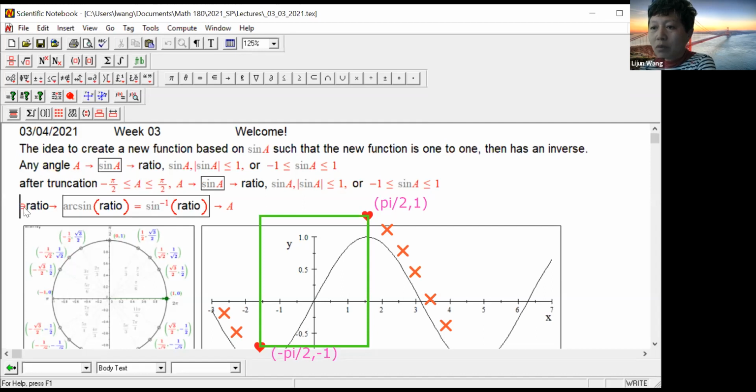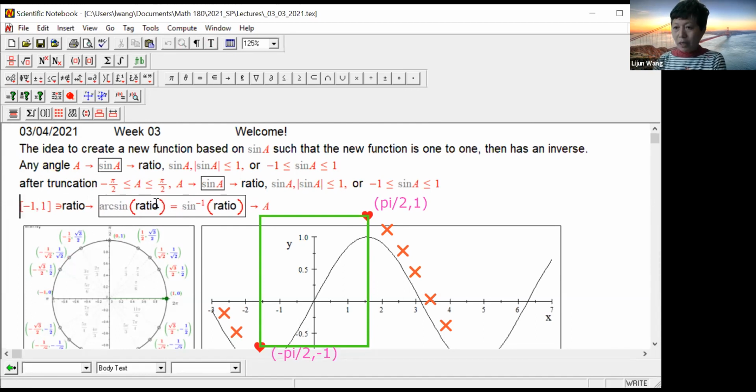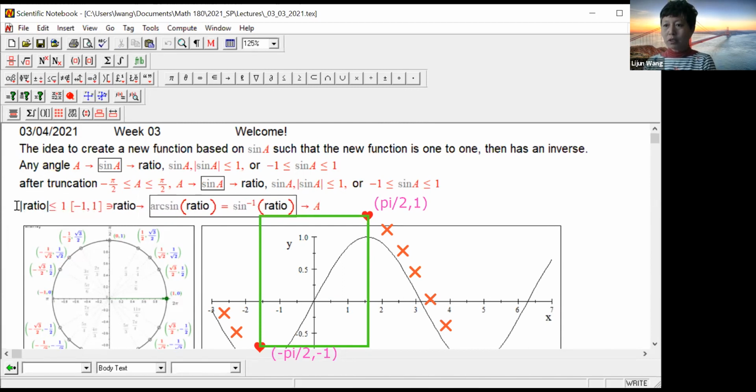I'm going to write it down as the ratio between negative 1 and 1, or you have all these different ways of expressing it. This ratio is going to be between negative 1 and 1, less than or equal to 1, all these different forms.